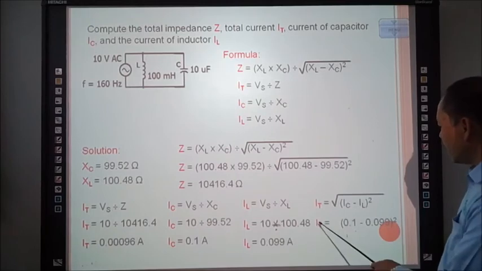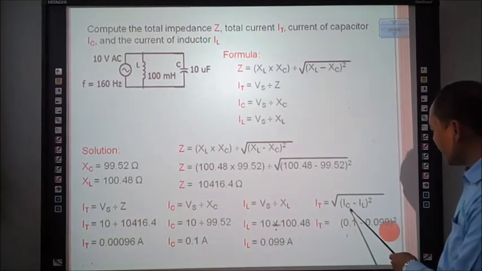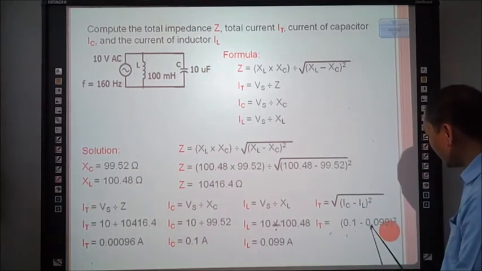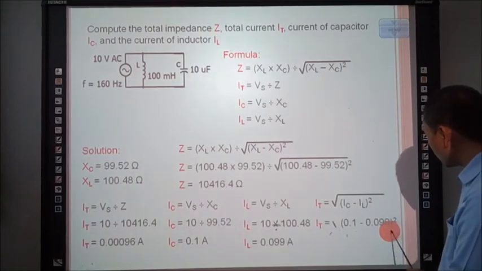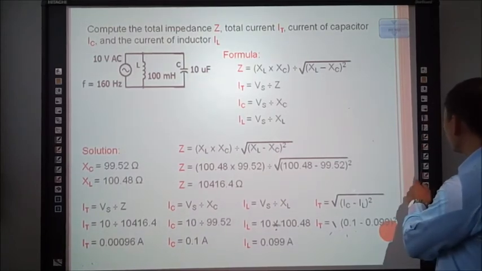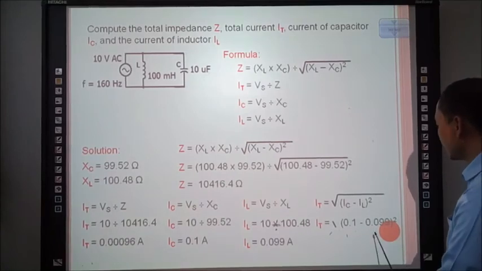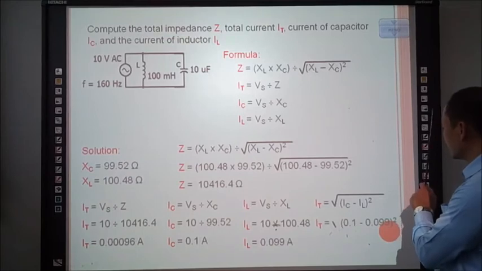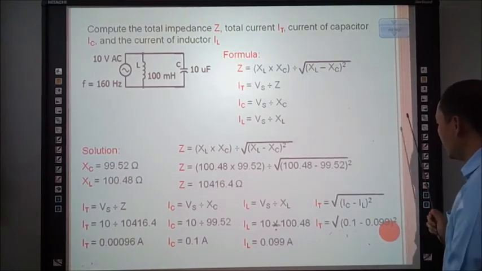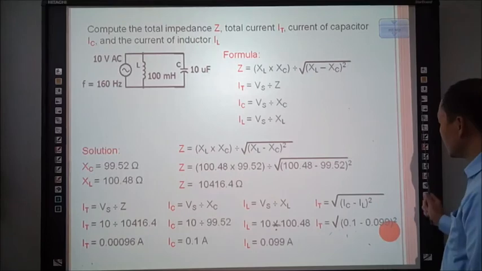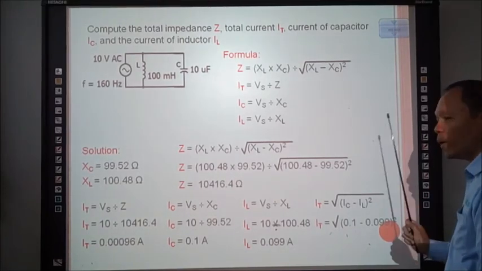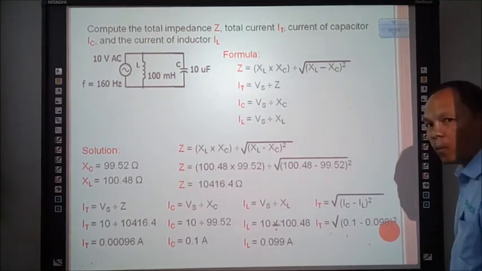Substitute the value of IC, which is 0.1, and the value of IL, which is 0.099, then close the parenthesis squared. So your total current, guys, is equal to 0.001 ampere.